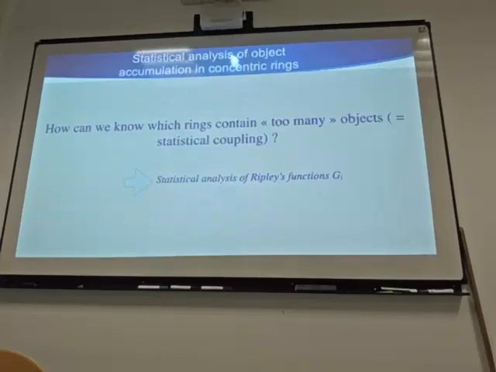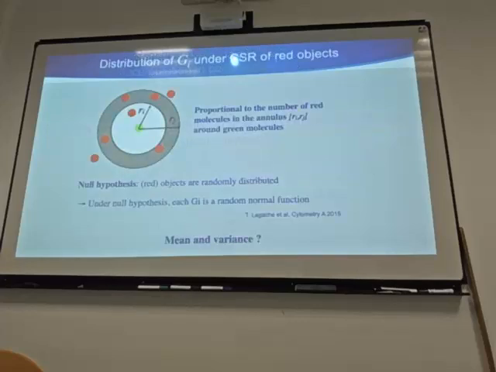I have 3-4 slides to show how you can define the rings that contain too many objects, meaning that there is some significant coupling between the two distributions. And again, the hypothesis here is not that the two distributions are completely independent.